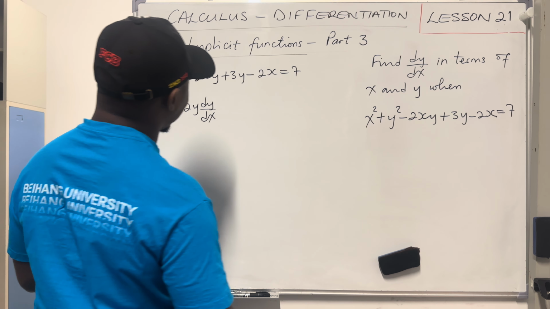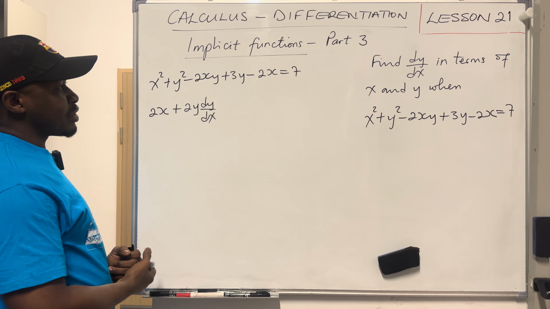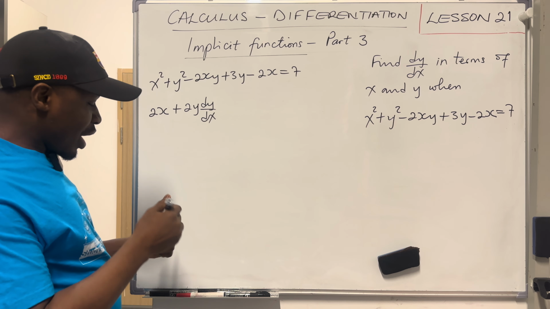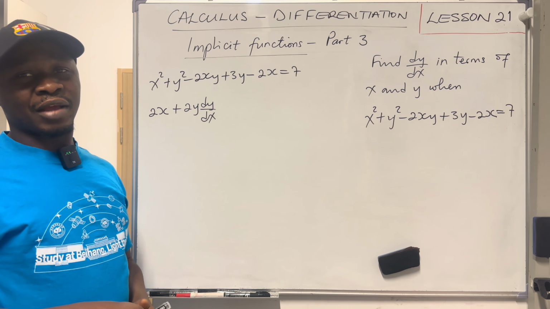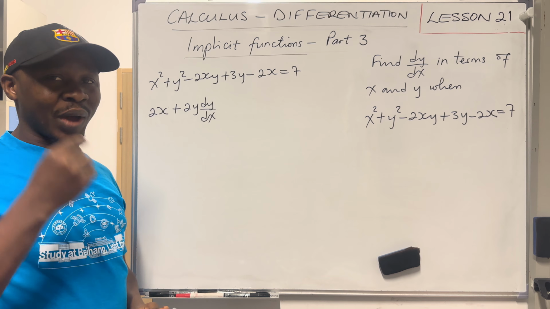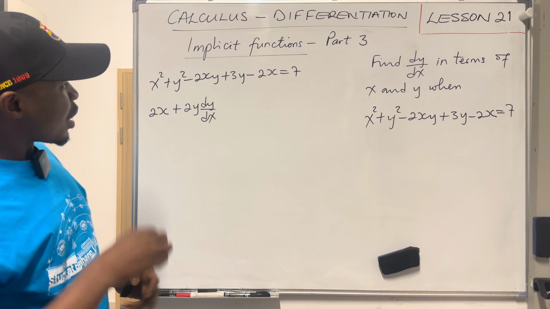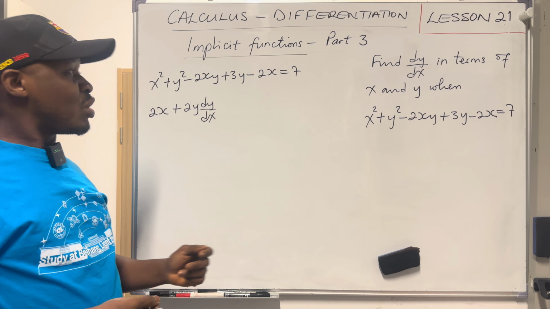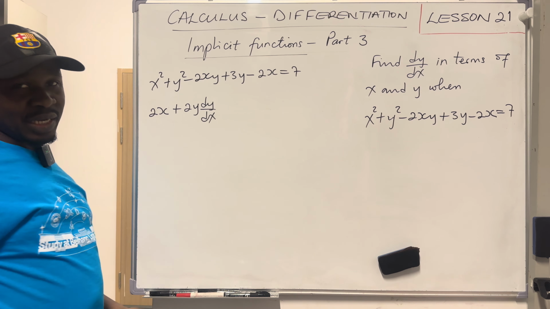Now we have minus 2xy. Whenever you have a term that comprises x and y, you differentiate that term twice for an implicit function. When you differentiate y, you attach dy dx.